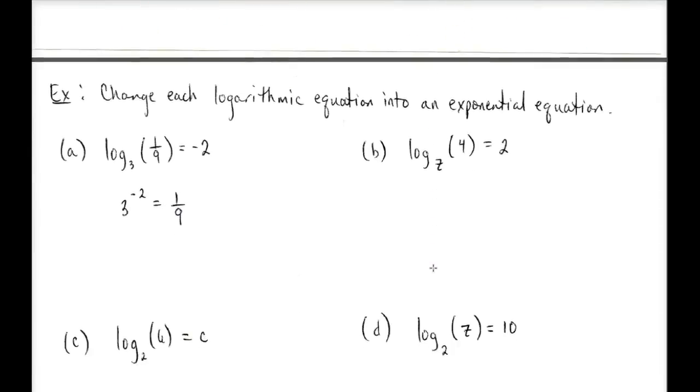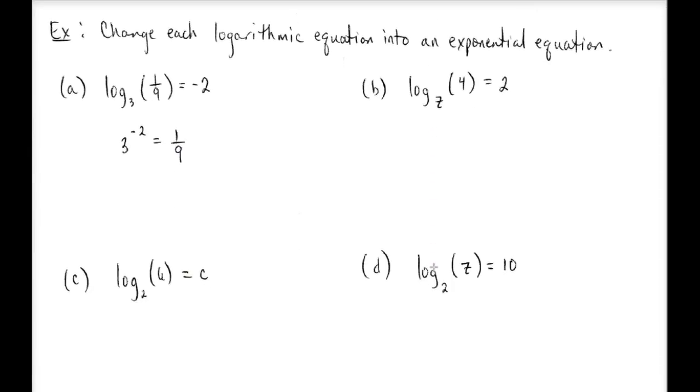Okay, so now we're going to go the other way and change a logarithmic equation into an exponential. So for example A, we can just say 3 raised to the power of -2 is equal to 1/9, or A raised to the power of y is equal to x. So that's how we get 3 raised to the -2 is 1/9.